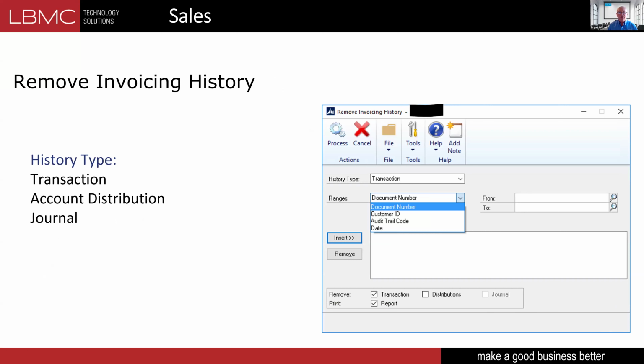Same idea, we can do transactions, distributions, and journals. Well, in invoicing, we can't do customer deposits. That's not a feature, that's only in SOP. And so we have a scaled down list here because this module is skinnied down from what we would do in sales order processing. But the same idea, the same type of screen here for us.